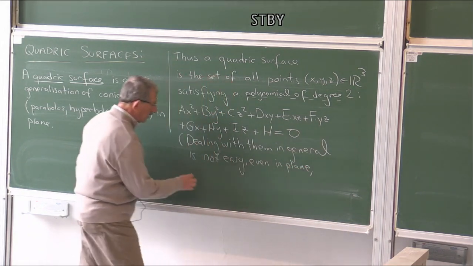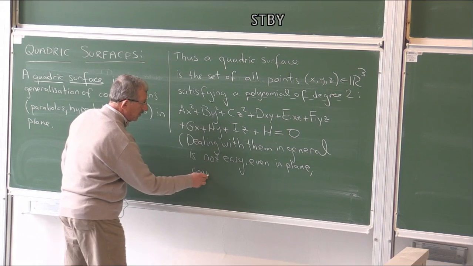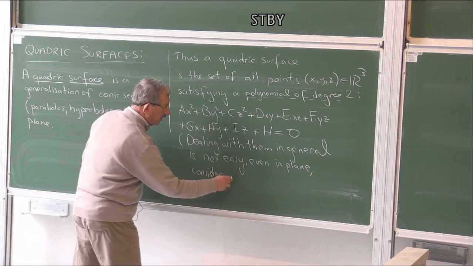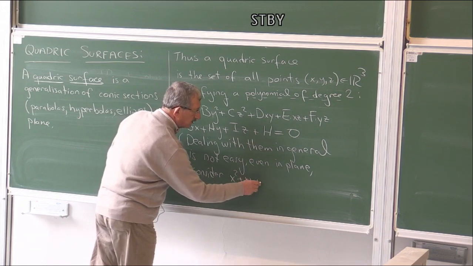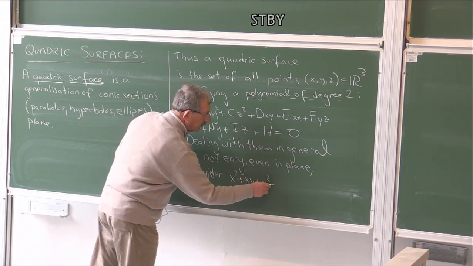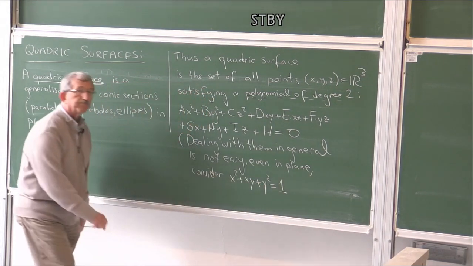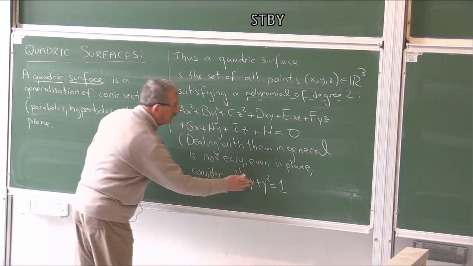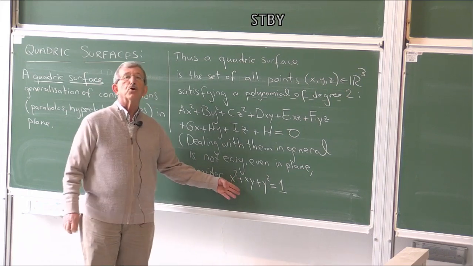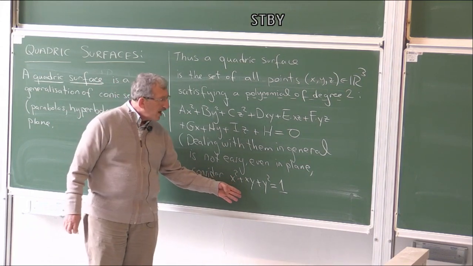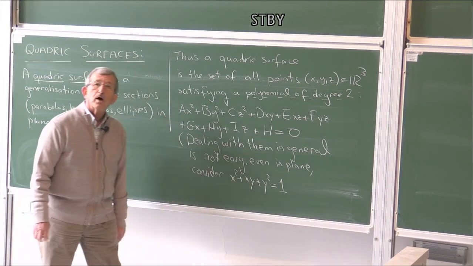Consider x squared plus xy plus y squared is 1. Now, if we did not have this middle term, we would know that this is a circle. Now, what happens if we have the product xy?